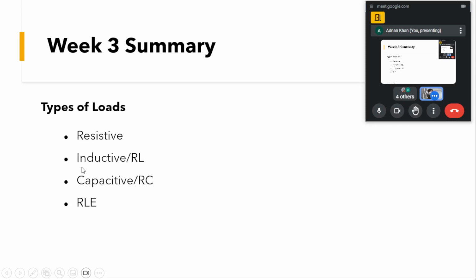Every practical load is mostly inductive, and there might be some capacitive loads like capacitor banks, and we'll be talking about the RLE load, where we'll have a battery or back EMF at the load, along with some resistance and inductance.